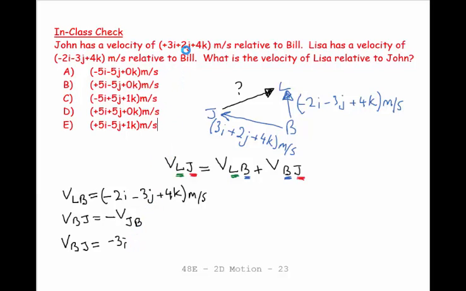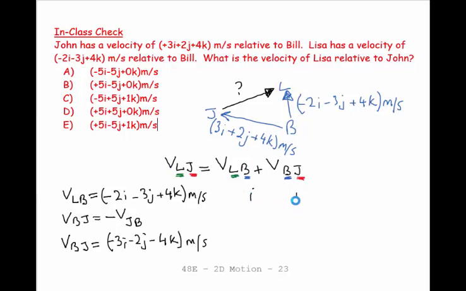And rather than plus 2j, I want the opposite, which is minus 2j. And rather than plus 4k, I want the opposite, which is minus 4k meters per second. So now looking at my equation, let's do a grid.